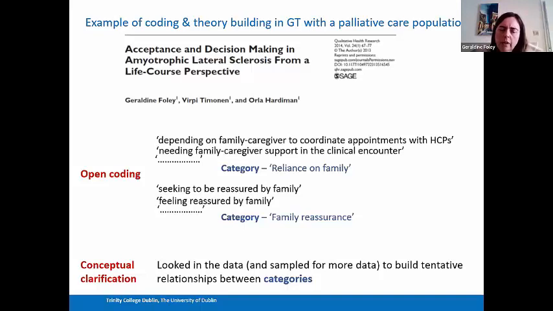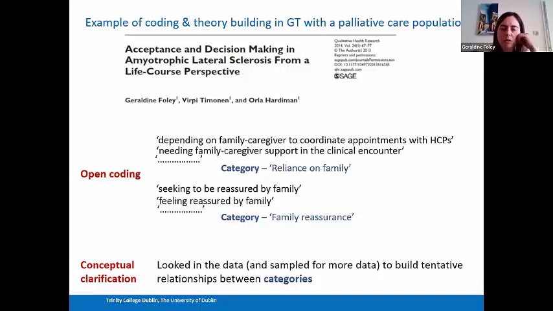In GT, the emphasis during data generation and developing theory is to look for relationships between these concepts. So as you continue to collect data, here I would have looked at the relationship between reliance on family and the category of family reassurance.